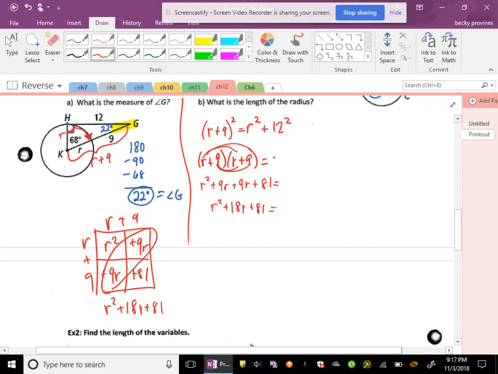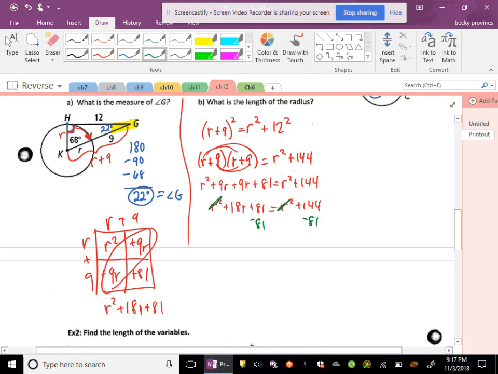So on the right side, R squared remains R squared. What's 12 squared? Well, 12 squared is 144. Okay, now I know this problem looks hideous, but something's going to happen here. We have R squareds on the left and right, and they both cancel. That's nice. So now I'm going to subtract this 81 over.